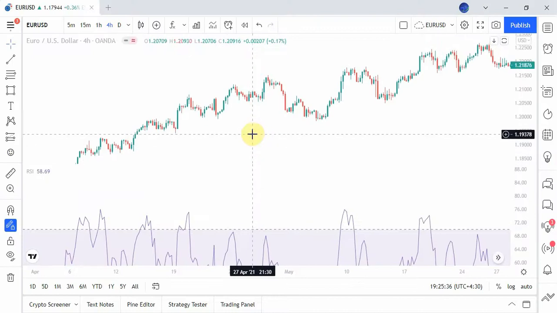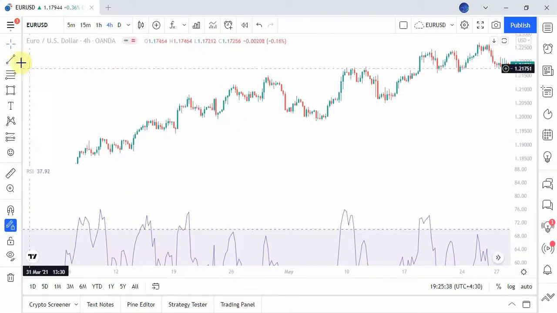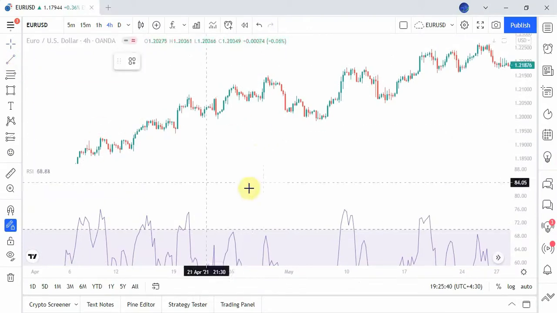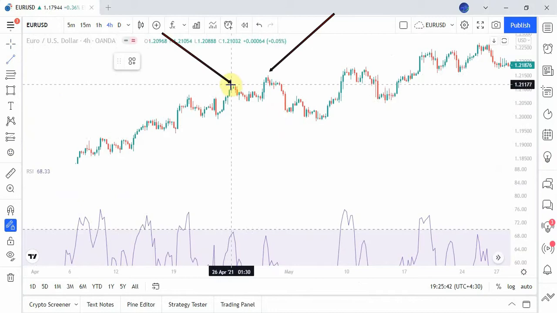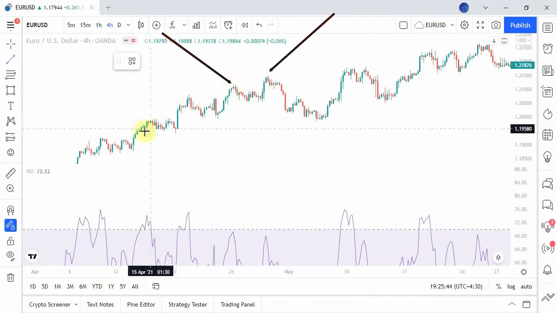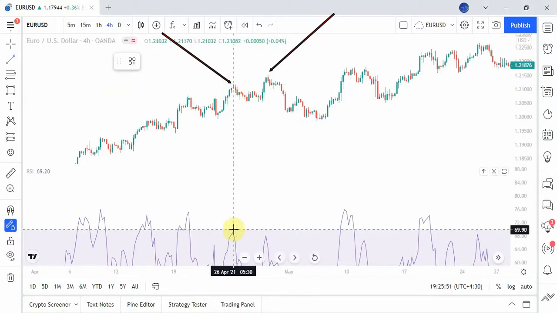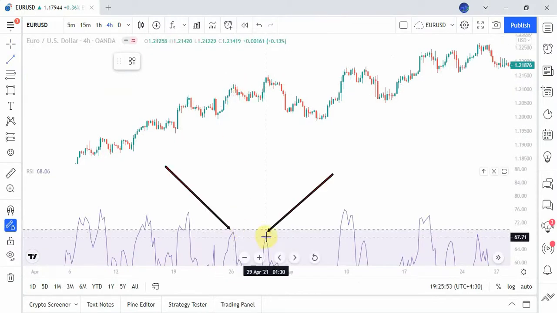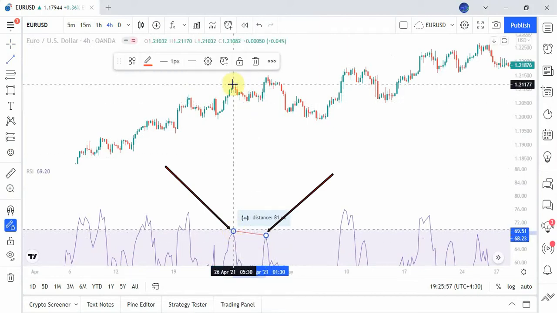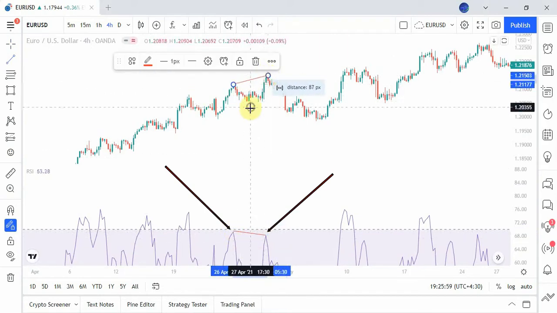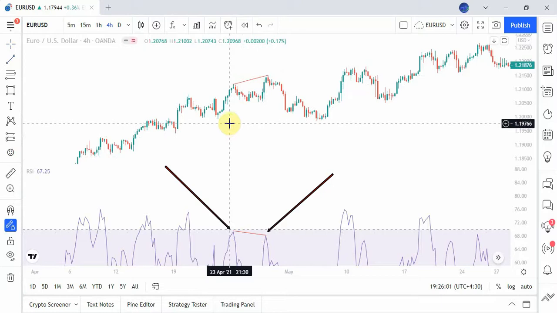For example, on this chart, EUR/USD at time frame 4 hours, here we have higher highs. We have an uptrend here. On the price chart, we have higher highs. But if you have a look at RSI indicator, right here we have lower highs. Assume this high. This is high.